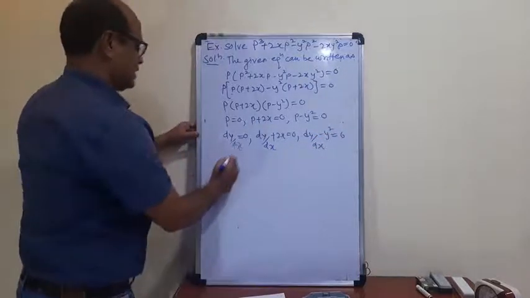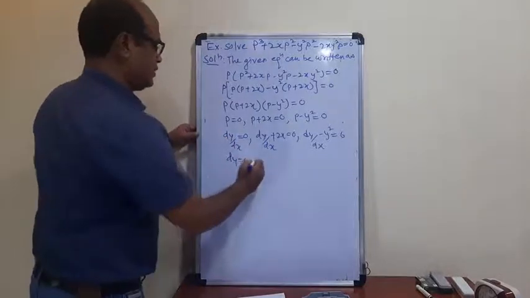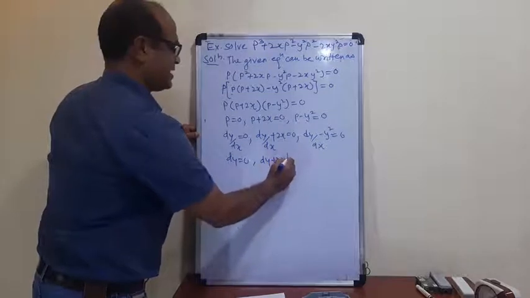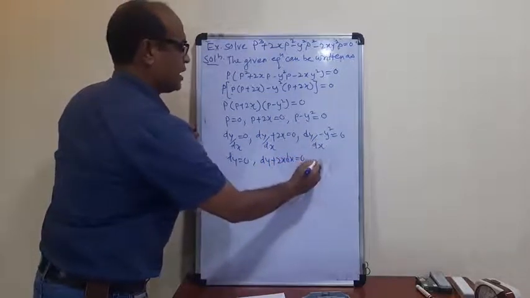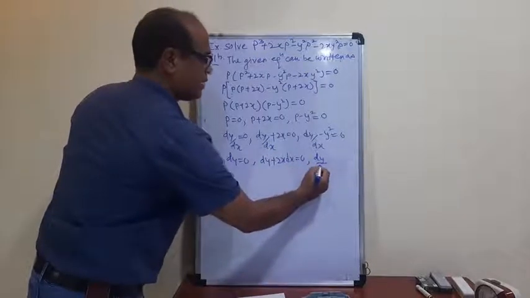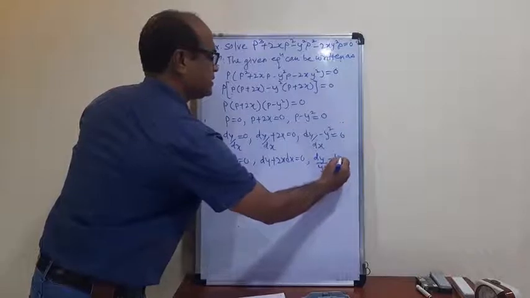So this can be written as dy is equal to 0, dy plus 2x dx is equal to 0. And we separate the variables, dy upon y square minus dx is equal to 0.